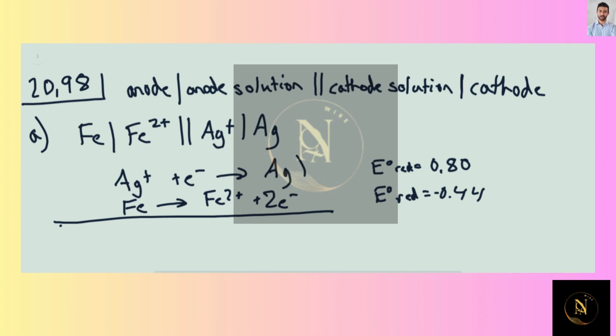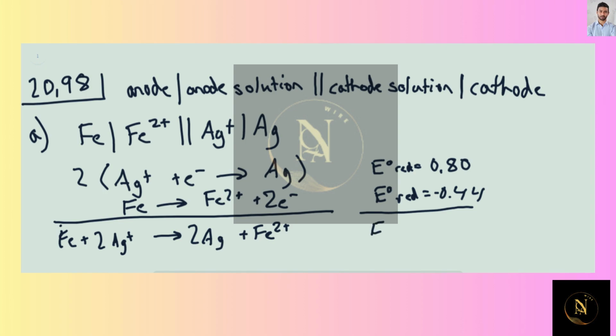We're going to need to multiply silver times 2 to balance the electrons. So we get iron plus 2 silver plus will produce 2 silvers and iron 2 plus. And then to get the standard EMF, we simply subtract these values, 0.80 minus negative 0.44, and we get a value of 1.24 volts.